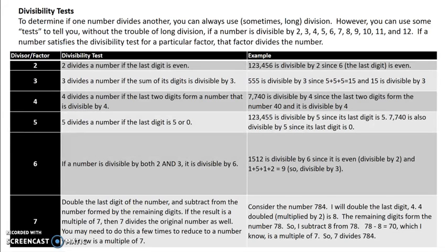Go ahead and pause the video. Familiarize yourself with these, and then we'll look at some problems when you're finished. When you're done looking at each of those and making sure that you understand them, you can unpause and we'll go on.